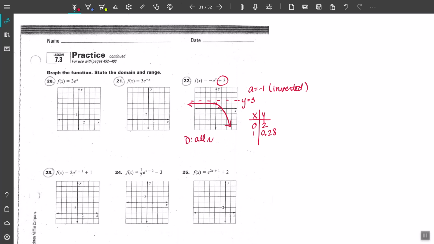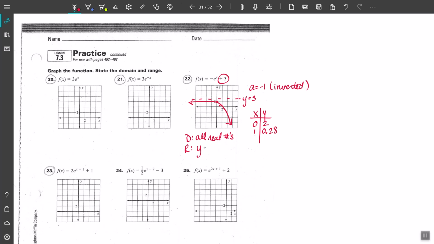Here we can see that our domain, once again, is all real numbers. Our range is going to be whatever is underneath that y of 3. So y needs to be less than 3 for our range.